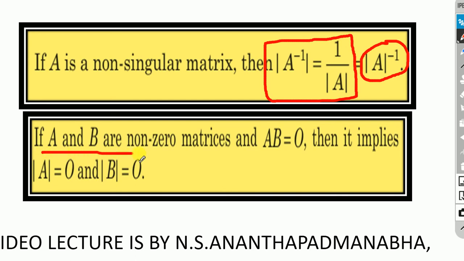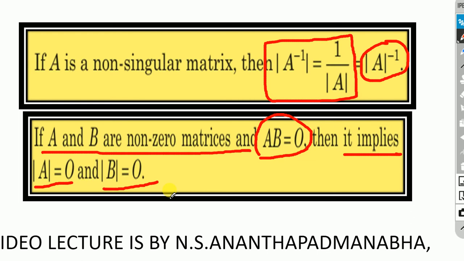If A and B are non-zero matrices and AB is a zero matrix, then it implies that determinant of A is 0 and determinant of B is 0. If A and B are two non-zero matrices and matrix AB is equal to 0, we have seen that it is not necessary that matrix A or matrix B is 0.